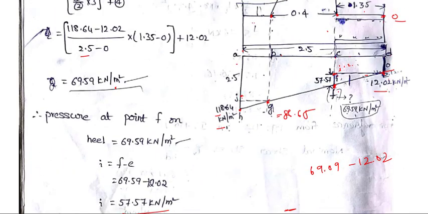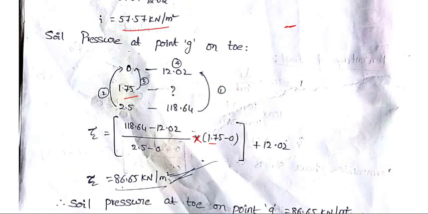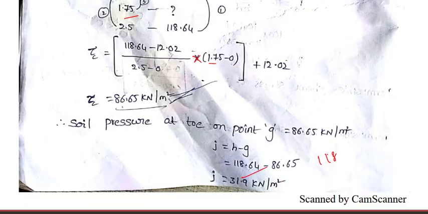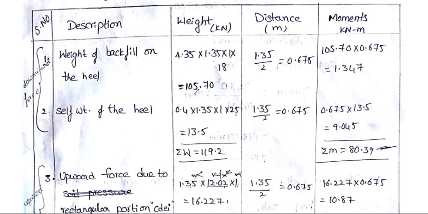So at G is equal to 118, the total pressure minus this one, 86.65. From here, what is the total height? 118 up to here, 86. If you deduct, you will get this value. Okay, that's it. So what is the pressure here? 31.9 kilonewton per meter square.